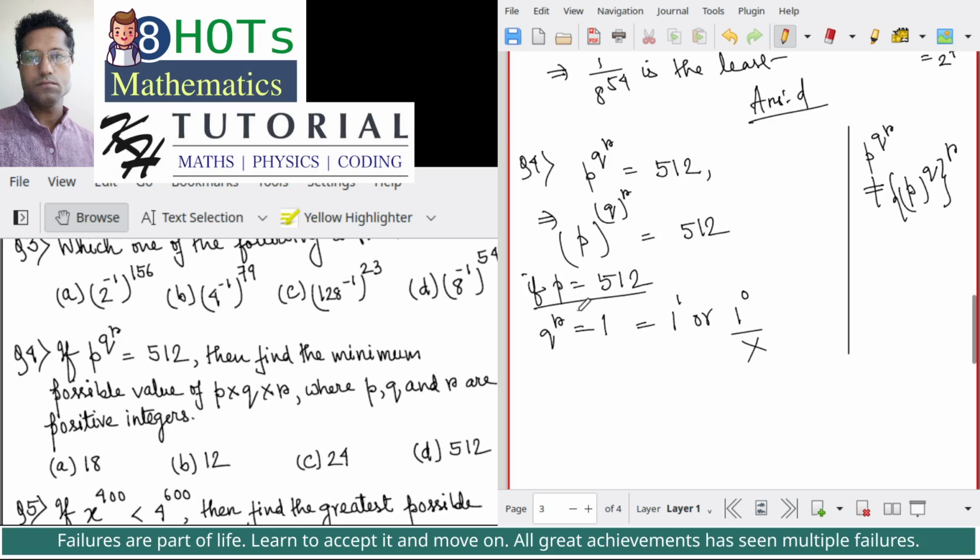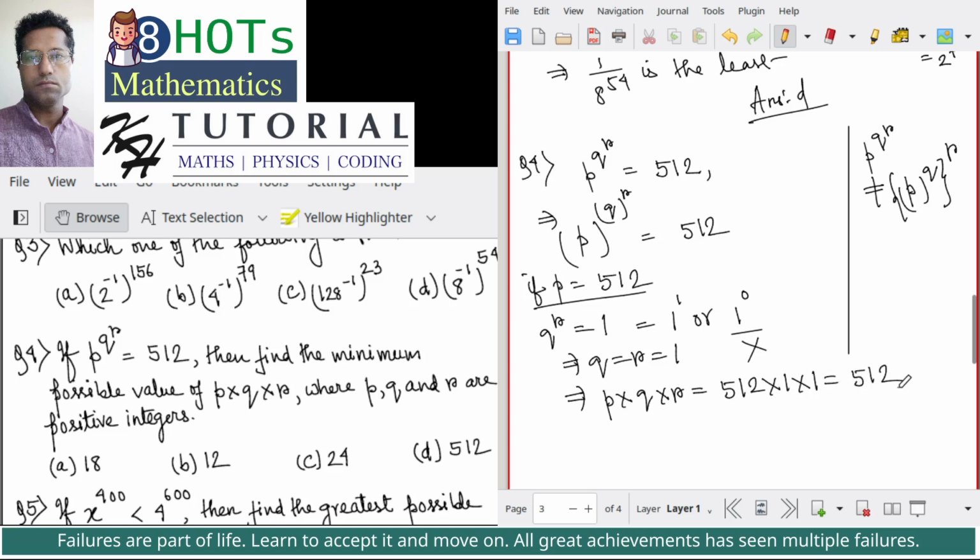So if p is 512, the only option is q raised to the power r has to be 1 to the power 1. So in this case, q is equal to r is equal to 1. This implies that p multiplied by q multiplied by r will be 512 multiplied by 1, which is 512.